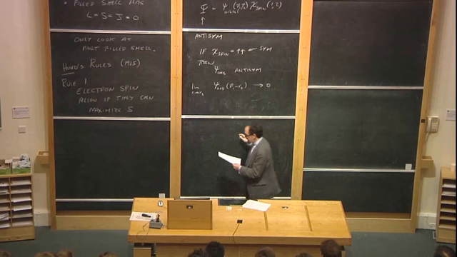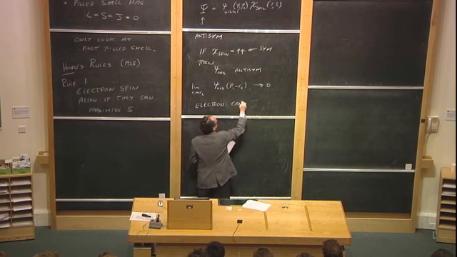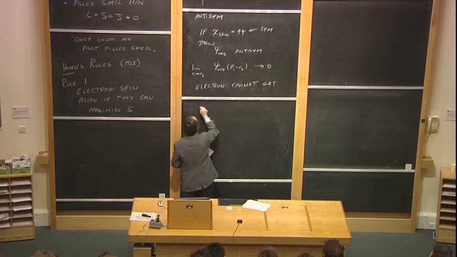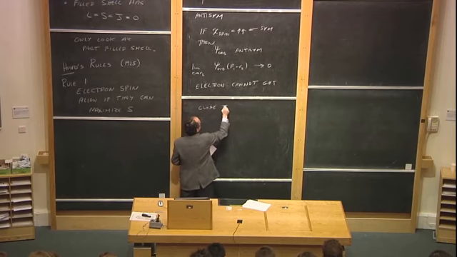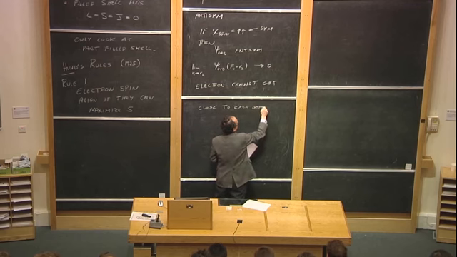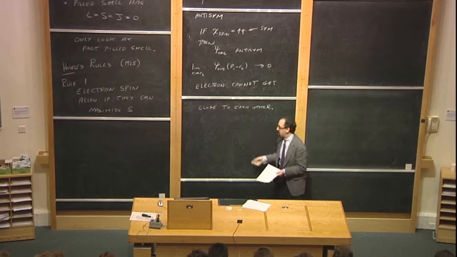So what does that mean? What that means is that electrons cannot get close to each other. And you might think that the Coulomb interaction would care about that. And indeed, that's the story that's usually told.